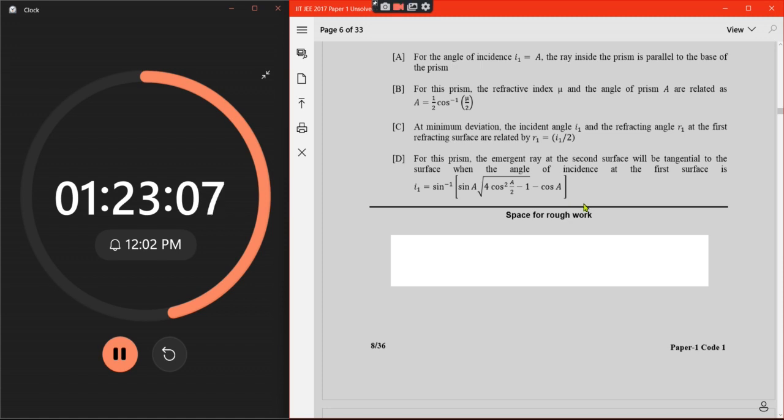So sine of this. I think this needs to be negative, right? But I missed something. Sine theta is the one that's doable though. It's the critical angle, of course.